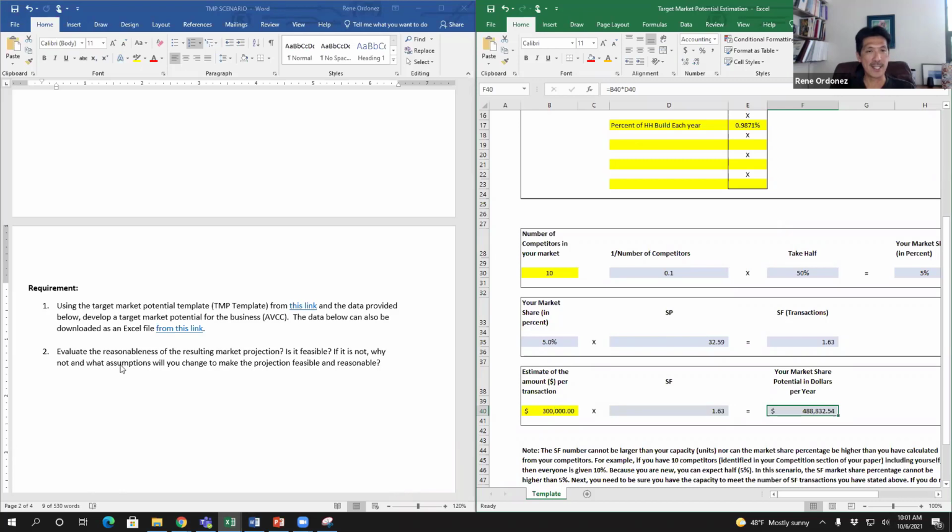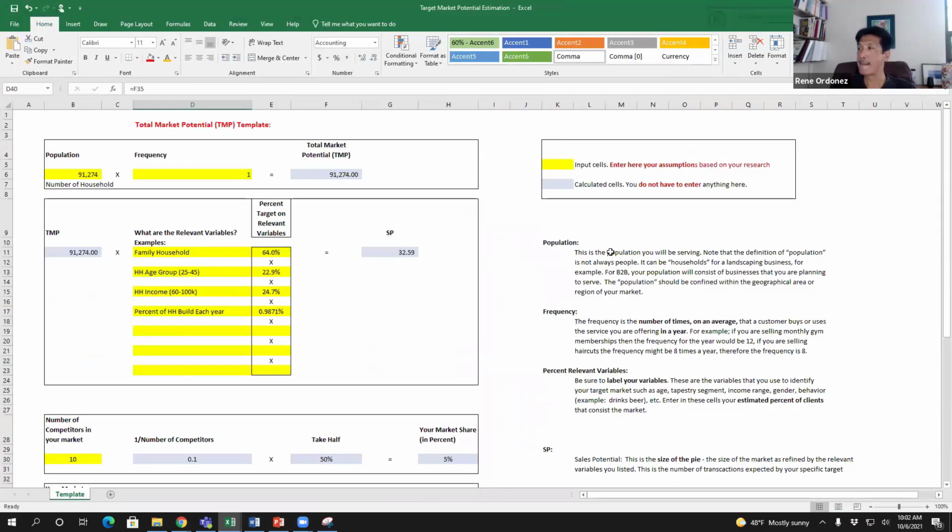That's where this reasonableness and feasibility assessment comes into play. Or you also evaluate this against capacity. Do you have the right size or the right resources to be able to do 2 or 10 or 100 projects per year? Okay, questions?